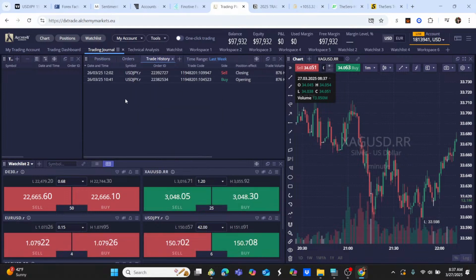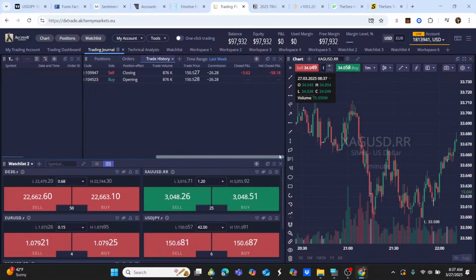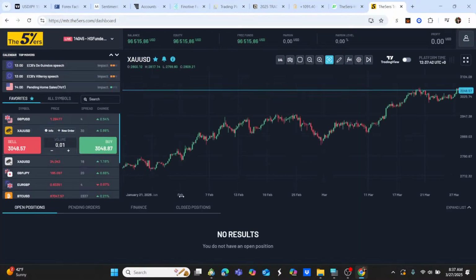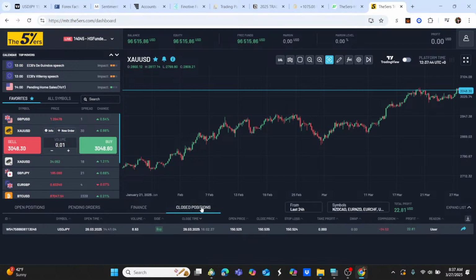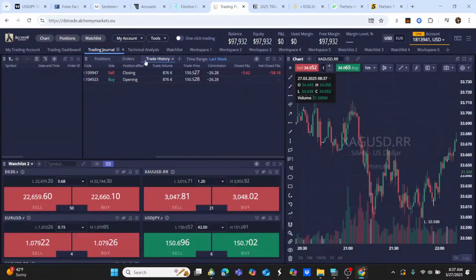And as you can see, this is the trade that I took, the 26 right here. Small break even. And let me go to this account too. See the trade that I took, small break even. So that's what I took so far.